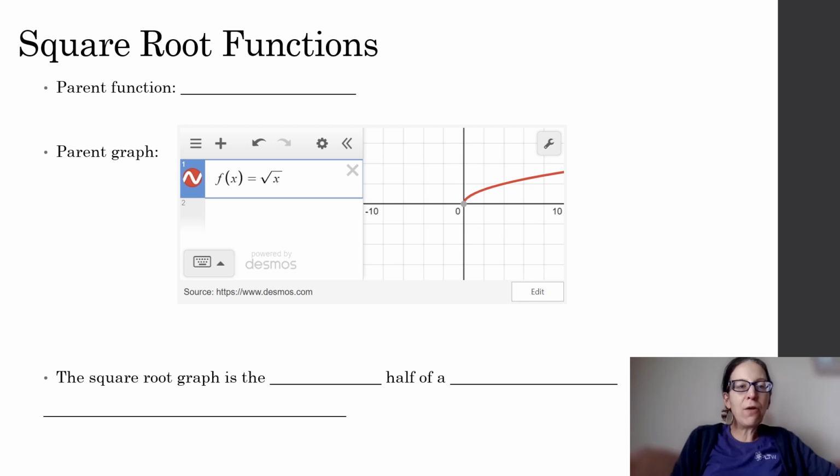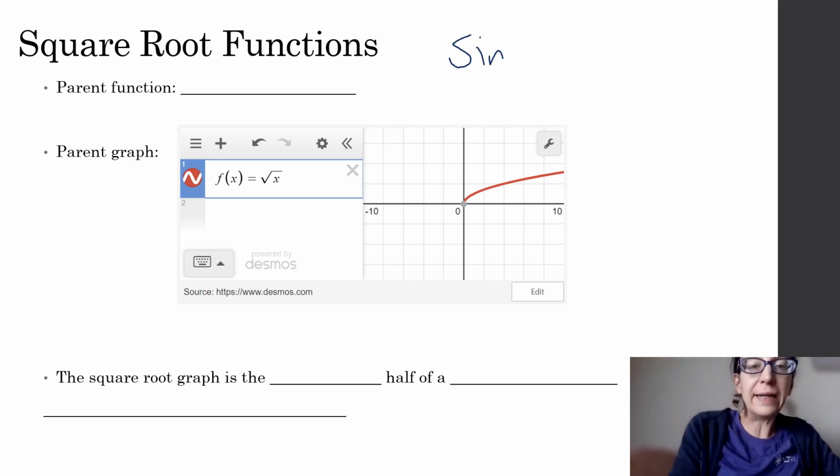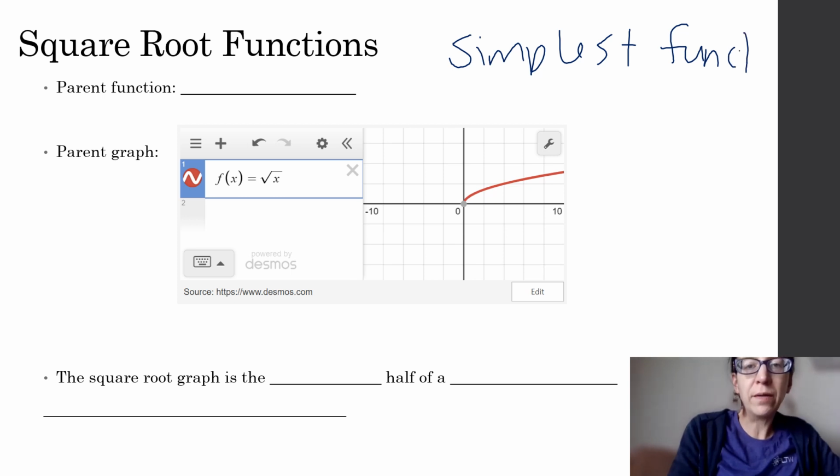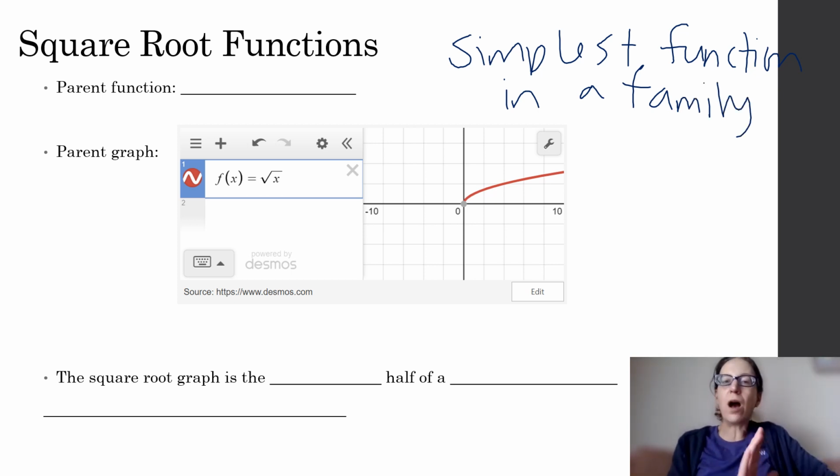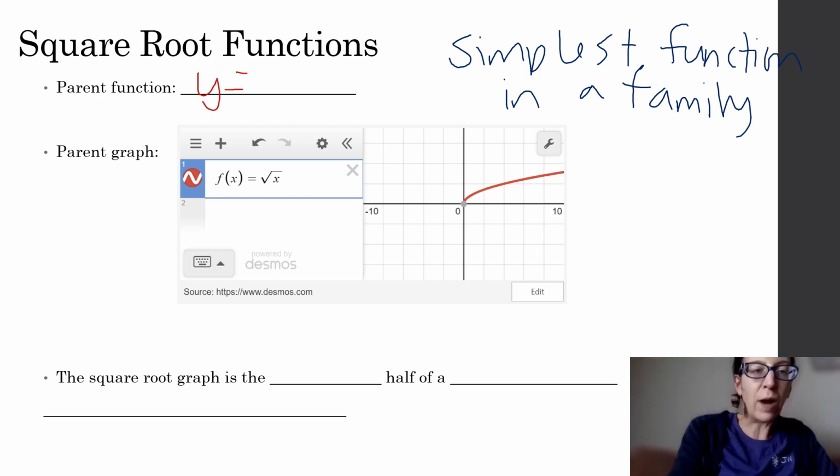So the parent function for our square root graph. If you recall, the parent function is the simplest function in a family. It's going to have all of the characteristics of that family, but it's the simplest one. So the simplest function in the square root family is simply this: y equals the square root of x.